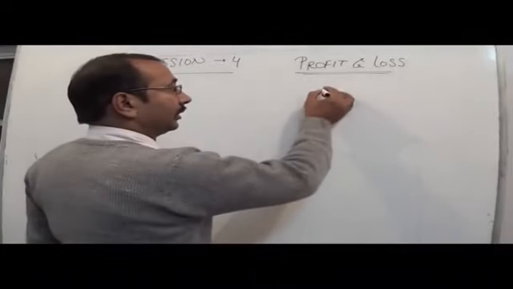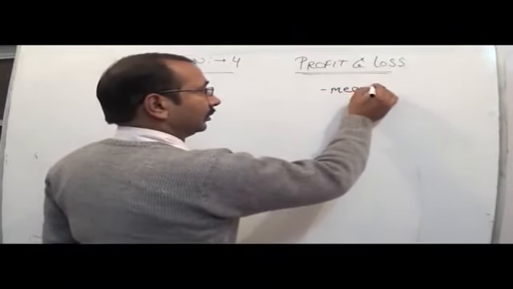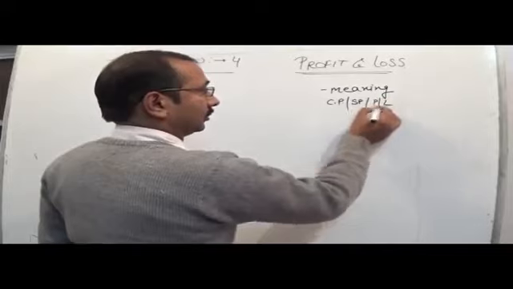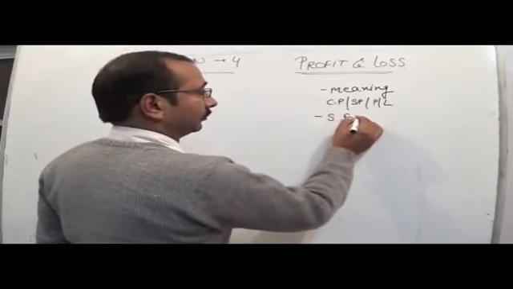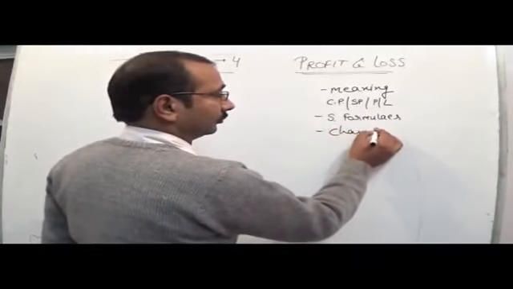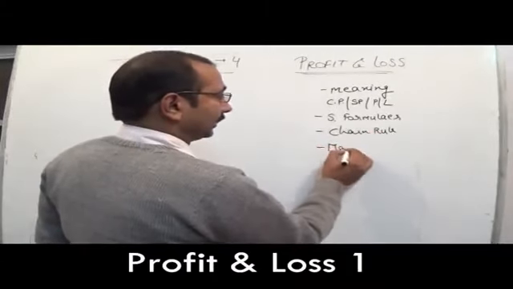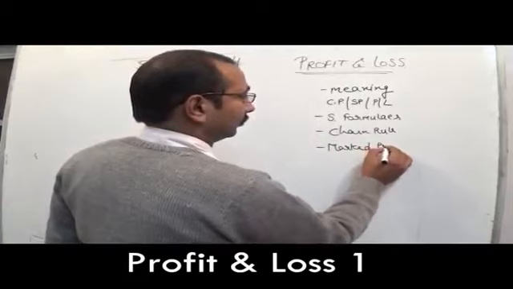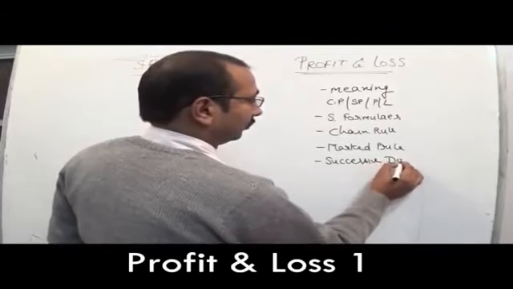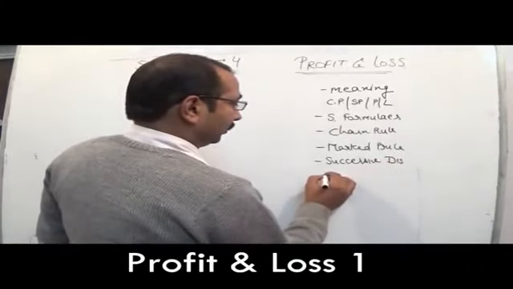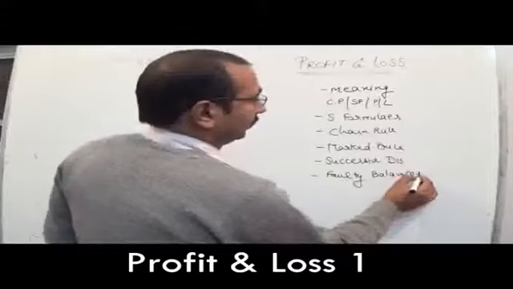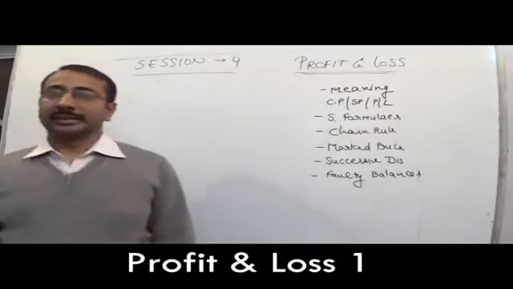We will study the different terms, that is meaning of cost price, selling price, profit, loss, standard formulas, chain rule, mark price, markup percentage, successive discount, faulty balances. That is about what we are going to study in this lecture.